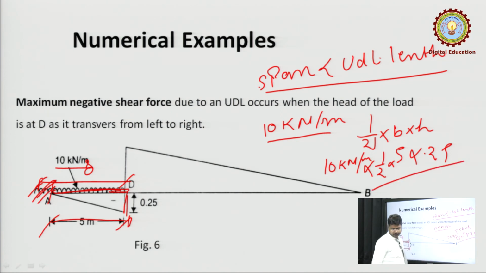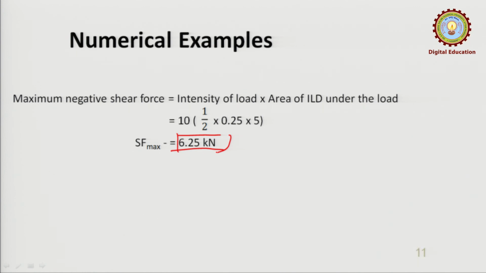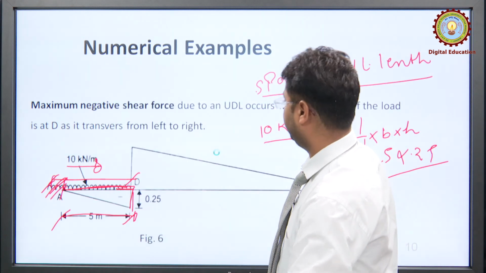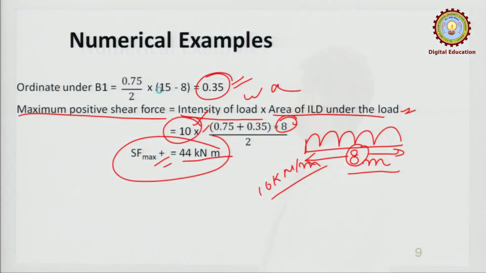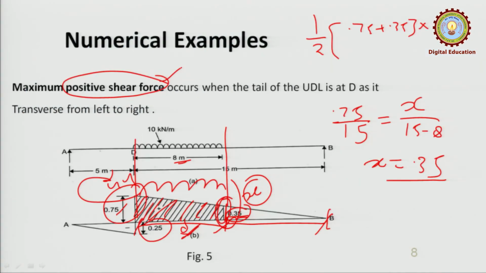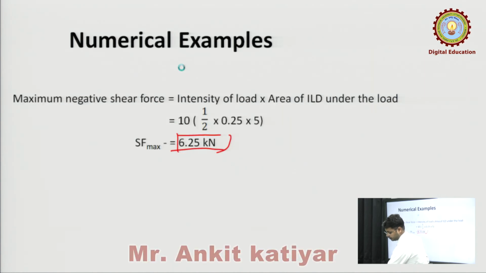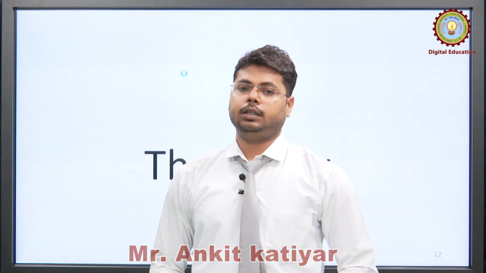After calculation we easily find the value 6.25 kilonewton meter. So you can see how easily we can find the maximum negative shear force and maximum positive shear force. So this is all about the influence line diagram.